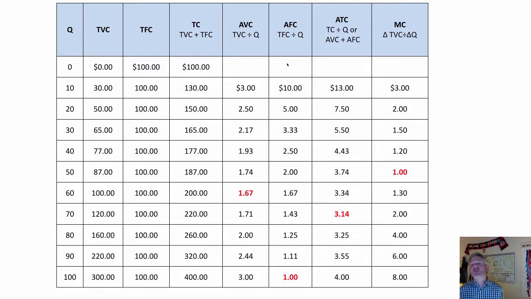Now for the one that's a little trickier, and that's our marginal cost. So what we're looking at here is the change in total variable cost divided by the change in quantity.